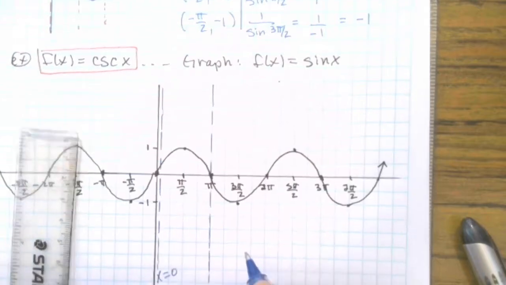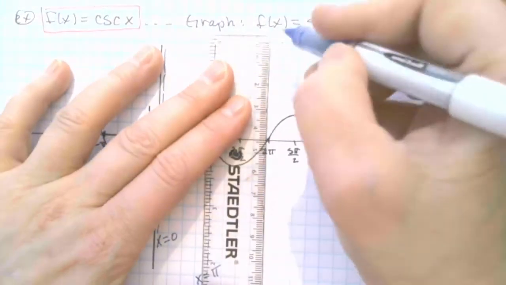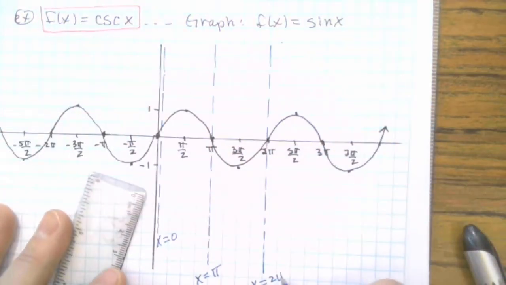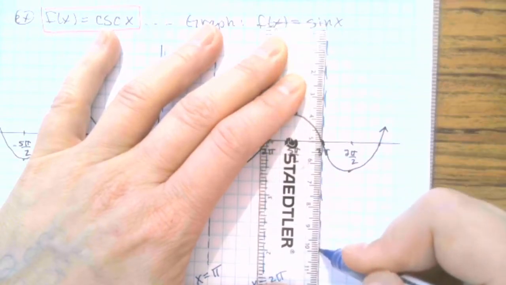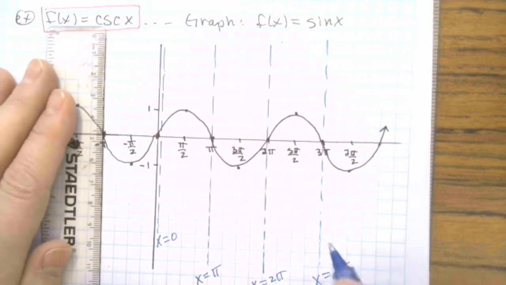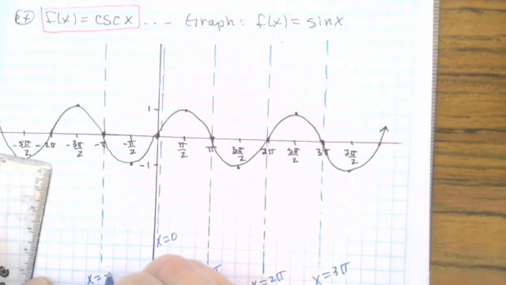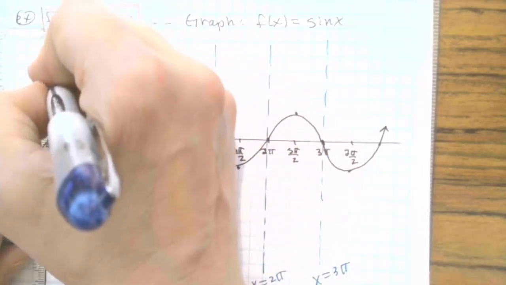Make it kind of long; you're going to need the space. We have another one at x equals 2 pi, and another one at x equals 3 pi. Then in the opposite direction, I have one at negative pi, and I'll do one last one, negative 2 pi.